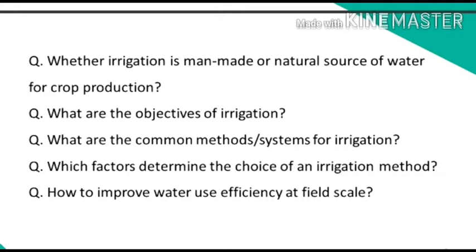What are the common methods or systems of irrigation? And which factors determine the choice of an irrigation method or irrigation system at field level? And how can we improve water use efficiency at field scale? So please pause the video here and try to write down the answers for these questions.